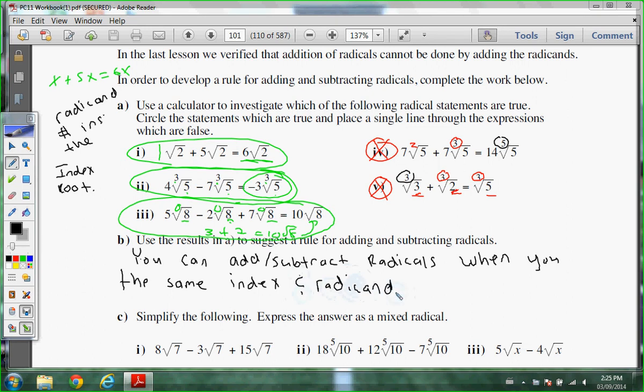That's what I put for that. So you can add, subtract radicals when you have the same index and same radicand. Has to be both. It's not a one or the other. It's a package deal.